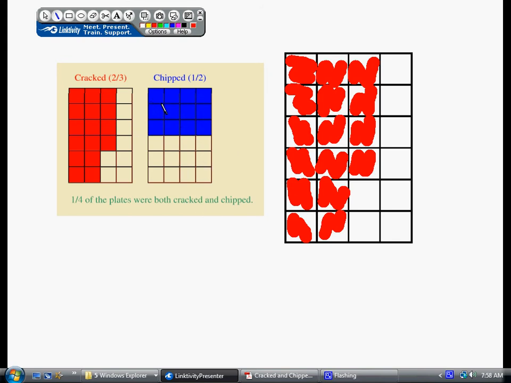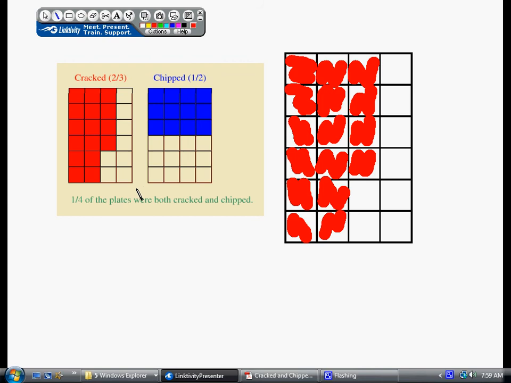Now, half of the plates were chipped. That's fine, but half of 24 is 12, and I don't have 12 squares here. There will be an overlap between the red shading and the blue shading. Now, this part of the question is kind of crucial. Let me change the line thickness.